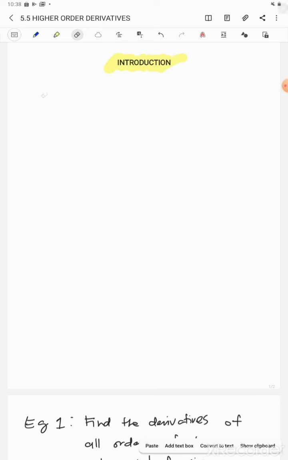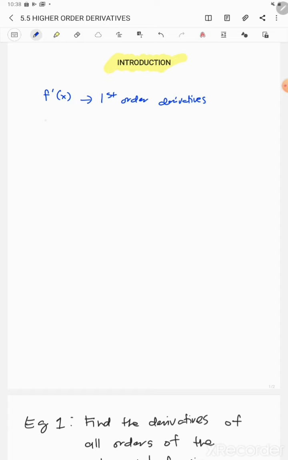For the introduction, if you see this symbol, f prime x, it means that we usually call it the first order derivative. If we differentiate a second time, we have f double prime, and we call it the second order derivative.